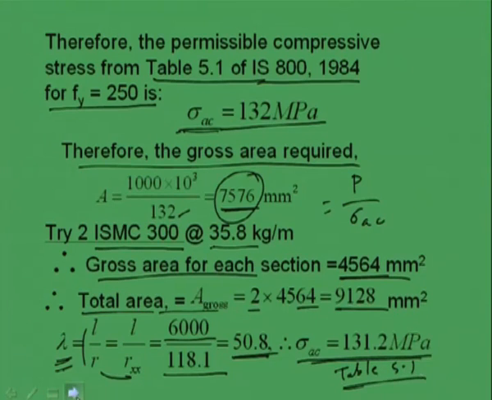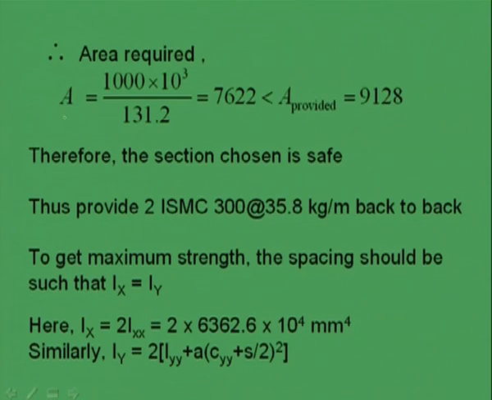So, now what will we do? Next we will find out the required area, because now we know the actual slenderness ratio and the actual load. The required area will be the actual load divided by the allowable compressive stress. That is coming 7622 millimeter square.